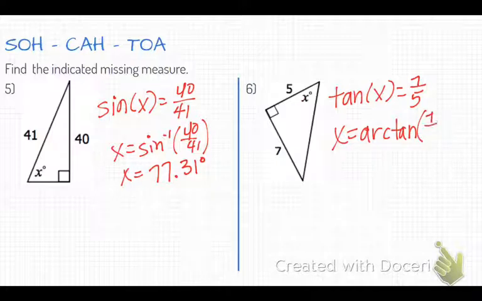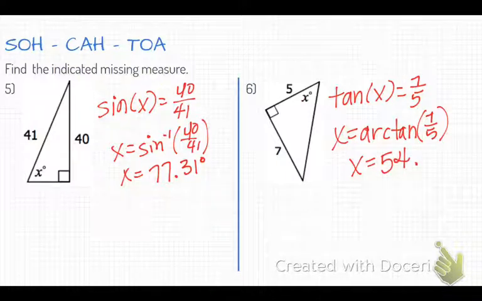So what was my degree measure? 54 point what? 46 degrees? What did it round to? Yeah, because the number next to 6 is a 2. It's 54.462, so it stays and it doesn't round. It's at 0.46. If it was 0.465, it rounds up, but since it's 0.462, it stays.